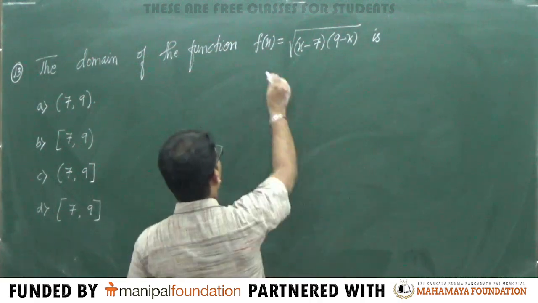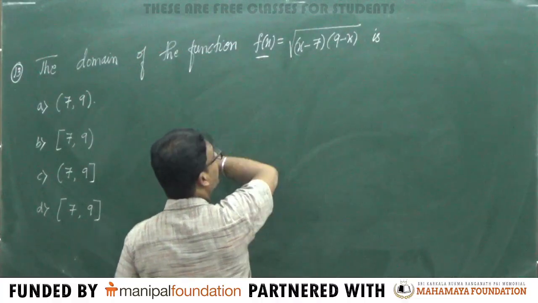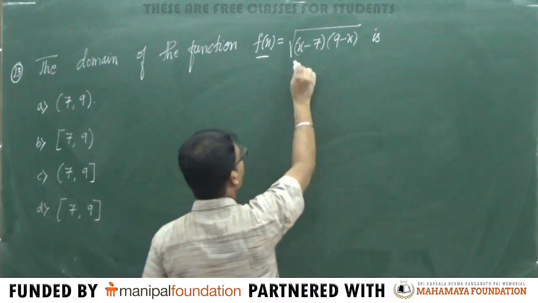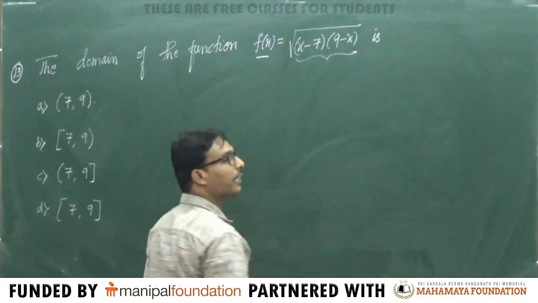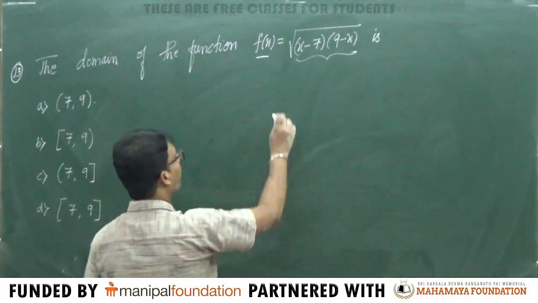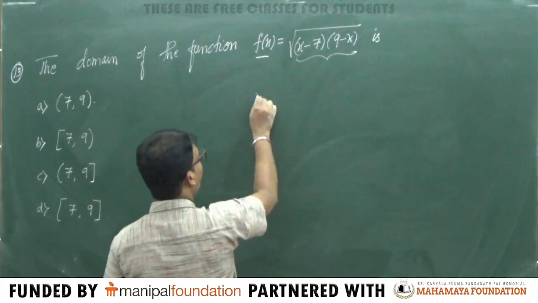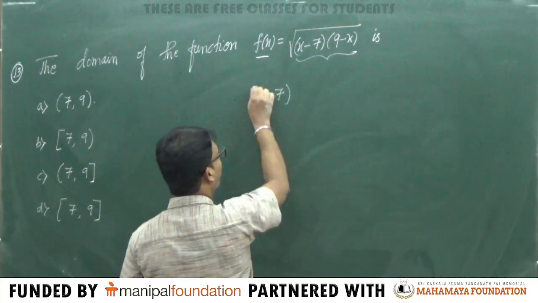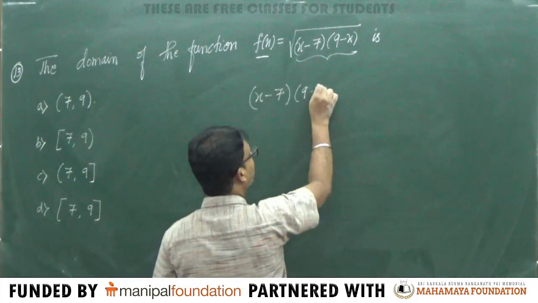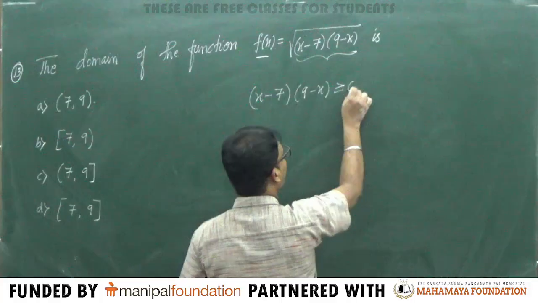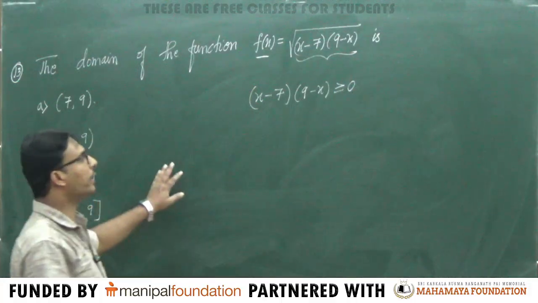To make the function f of x a real number, the radicand must be non-negative. Therefore, we need to find the values of x for which the expression under the root, (x minus 7)(9 minus x), is greater than or equal to 0.